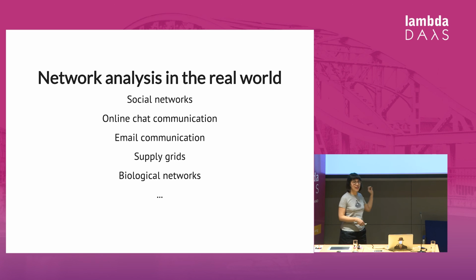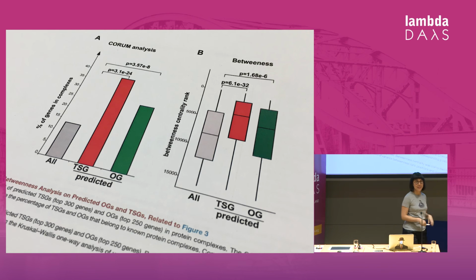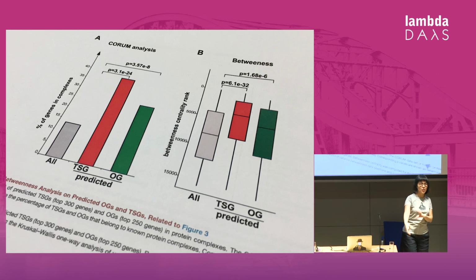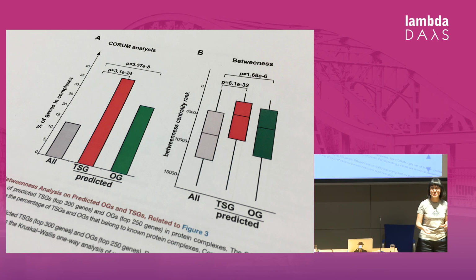You can also analyze, for example, supply grids. If you have a blackout somewhere, how will that affect the rest of the network? And something I do most of the time is analyzing biological networks. For example, this is from a paper I was reading earlier this week, and they were looking at tumor suppressors and oncogenes in biological networks.